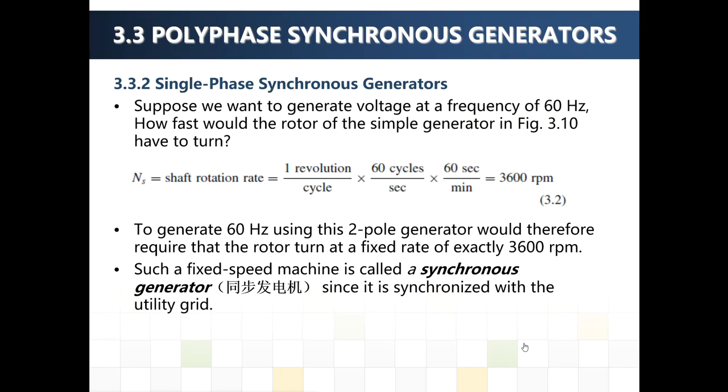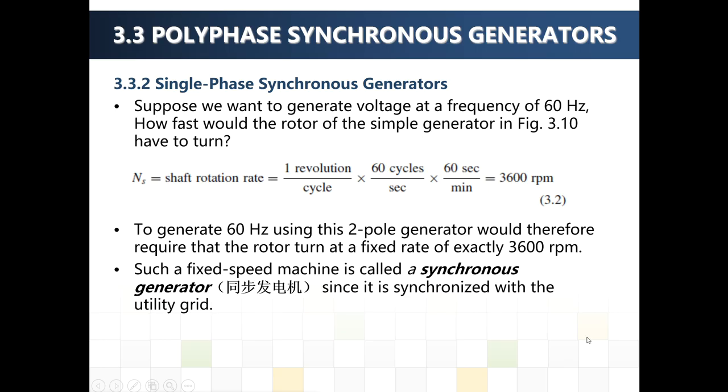Now the question is, if we want to generate a voltage at a frequency of 60 Hz, how fast should the rotor rotate? The shaft rotation rate is equal to 1 revolution per cycle multiplied by 60 cycles per second and multiplied by 60 seconds per minute. That is equal to 3600 revolutions per minute.